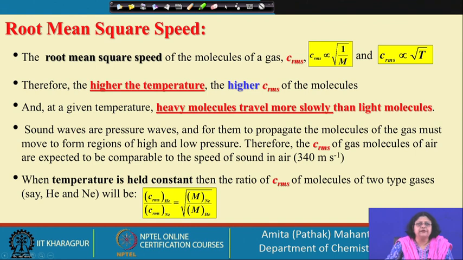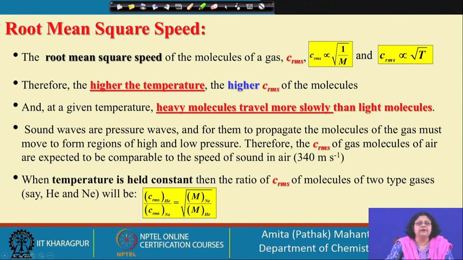For a given temperature, since the RMS velocity is inversely proportional to the mass, the heavier the molecule, the slower its movement will be, because the molar mass is higher. Heavier molecules will move slowly compared to the lighter ones.